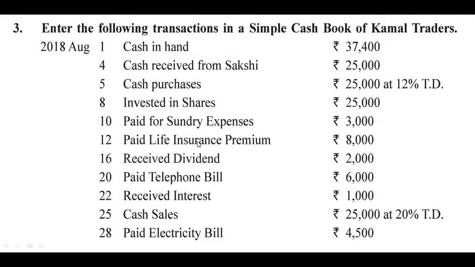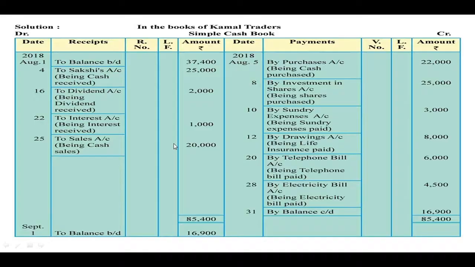While in this particular question, it is given paid life insurance premium. So whenever the word life is included along with insurance premium, you have to understand that this is a personal expenditure. So that is why you have to write by drawings. So by drawings account.